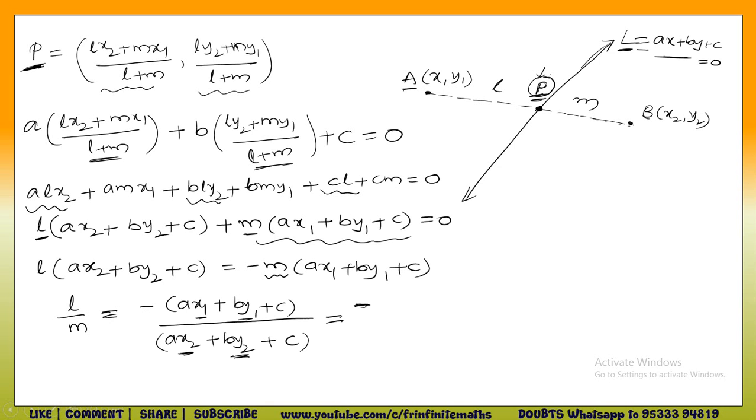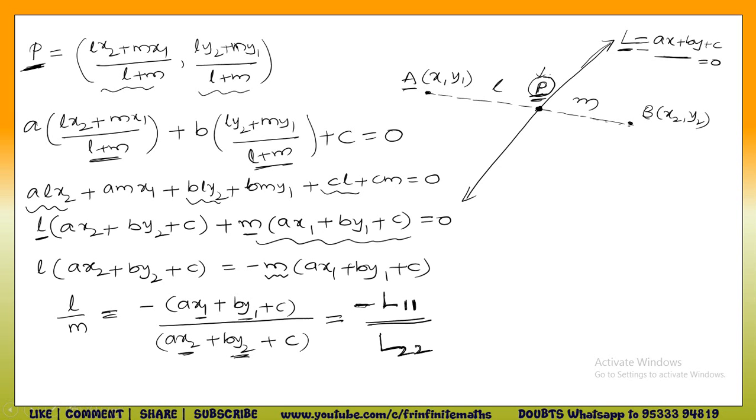So I can write it as minus L11 divided by L22. I am going to denote this particular Ax1 plus By1 plus C as L11 and Ax2 plus By2 plus C as L22 for convenience, right?